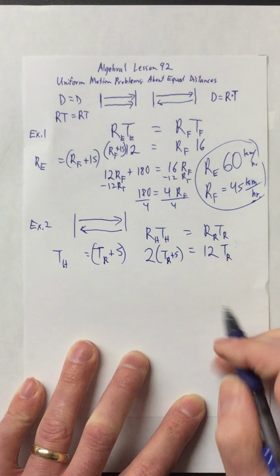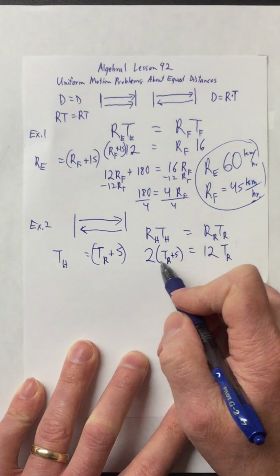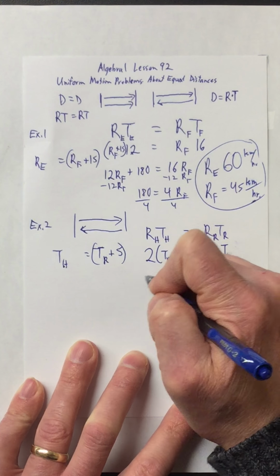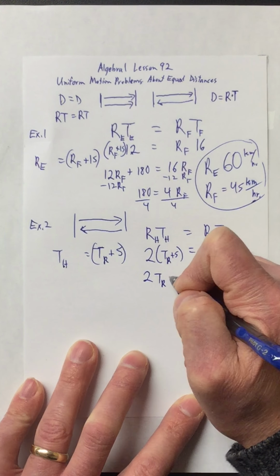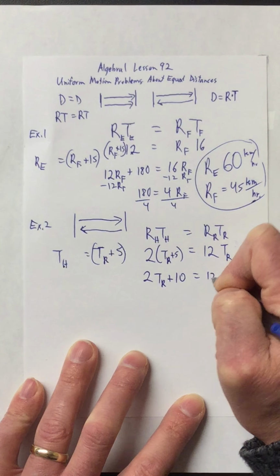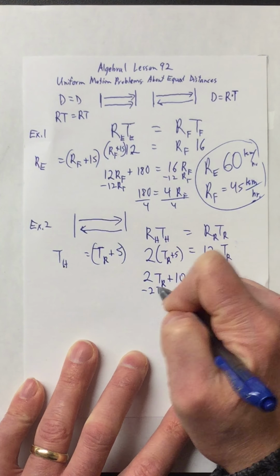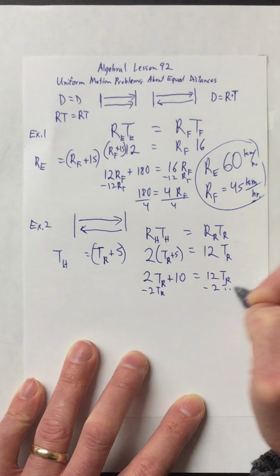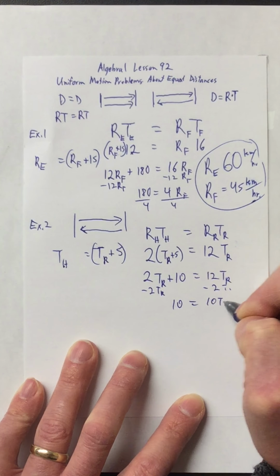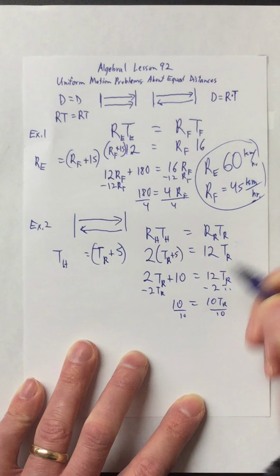So take out my time headed out and put in my time of riding there, and then bring down my time of riding. All right, remove my parentheses by distributive property, multiply my 2 into both terms. I get 2 times time of riding plus 10 is equal to 12 time of riding. Let's subtract 2 time of riding. I get 10 is equal to 10 time of ride, divide by 10, divide by 10.